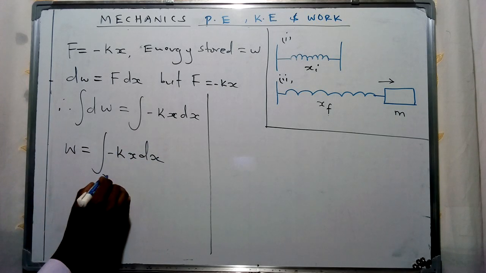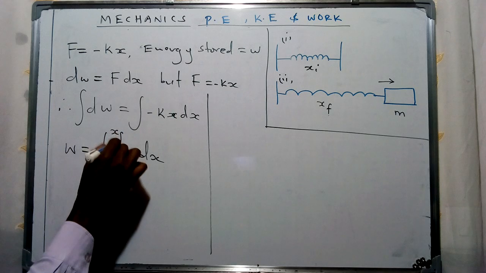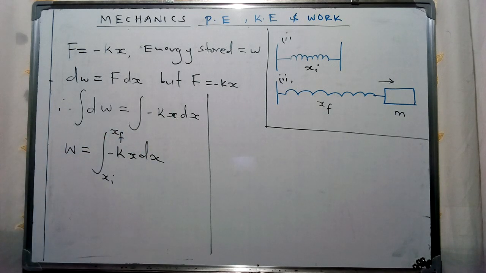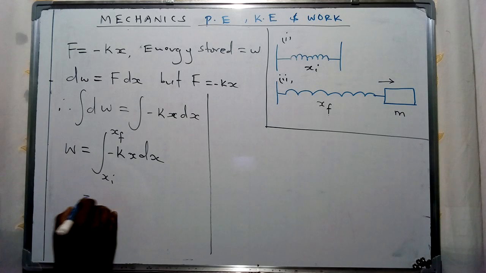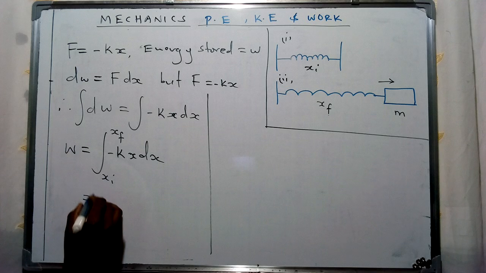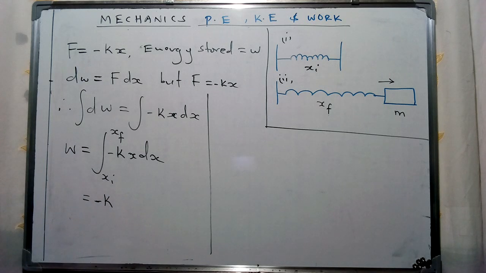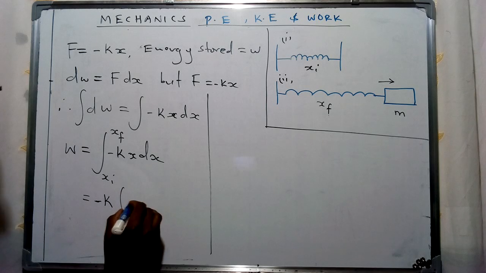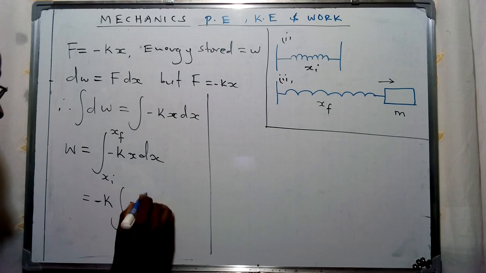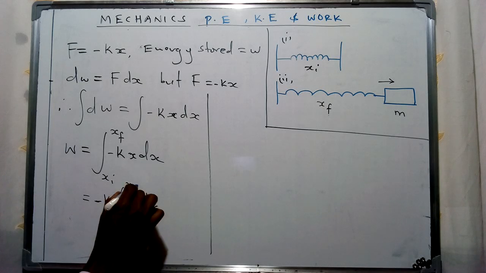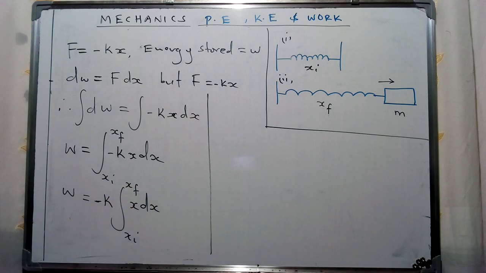And this is going to be considered from the initial position to the final, which we give in terms of x initial and x final. So doing an integration of this nature, we have a negative value of k, which is a constant, being taken out, and that gives us the integral of x dx from x initial to x final, giving us our element of work.